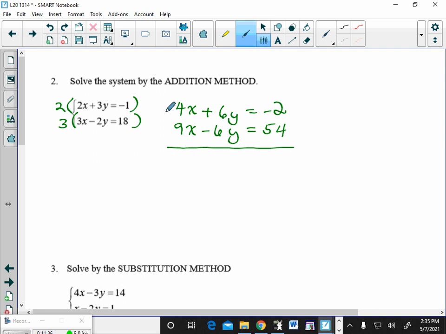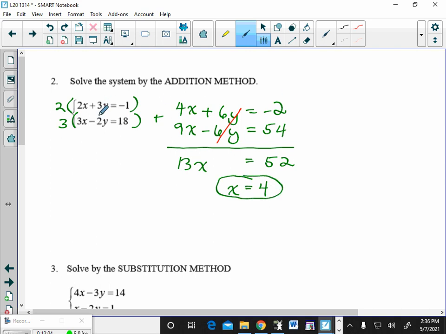So now look what happens. When we add these together, we will eliminate that y variable. So we end up with 13x equals 52, and we divide both sides by 13, and we get x equals 4. Okay, so there's one of our variables solved for.